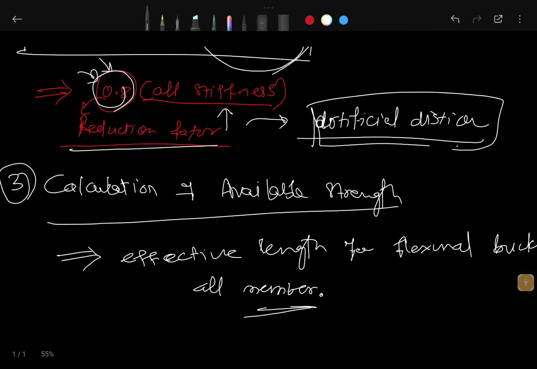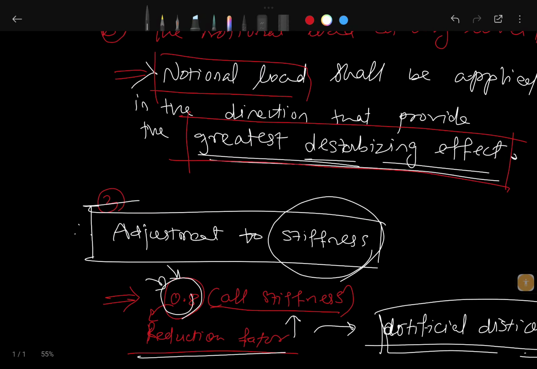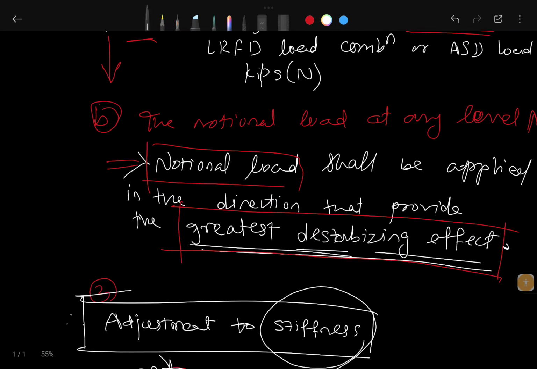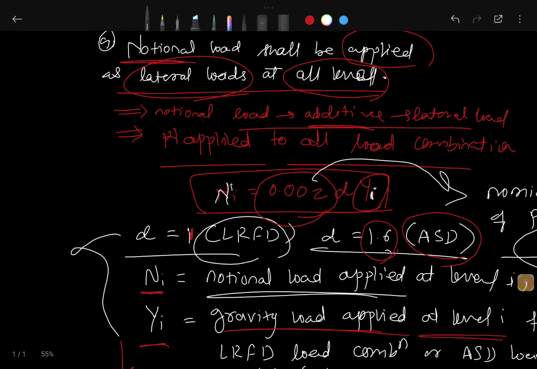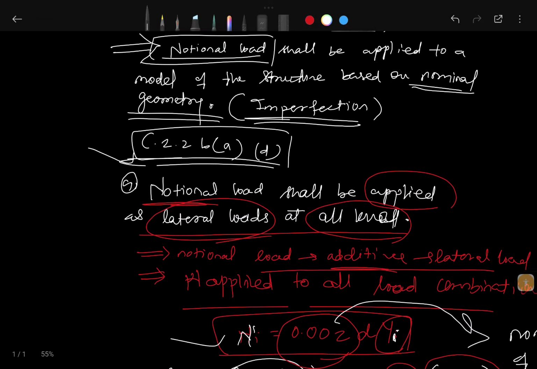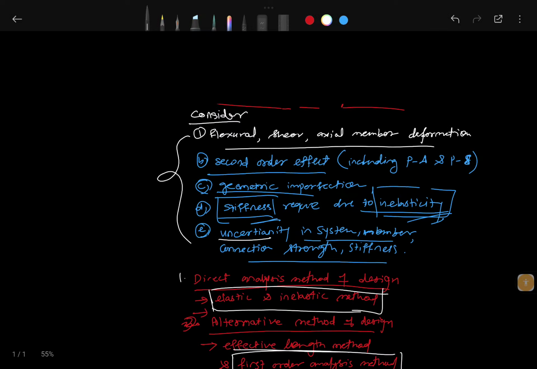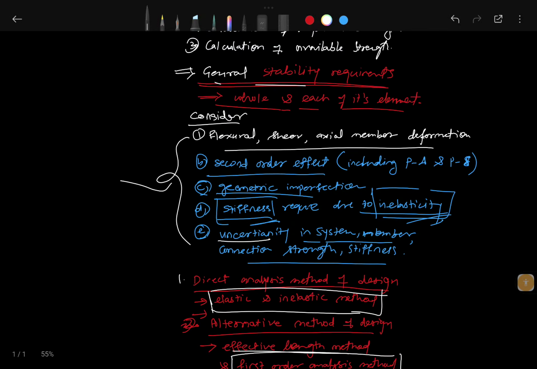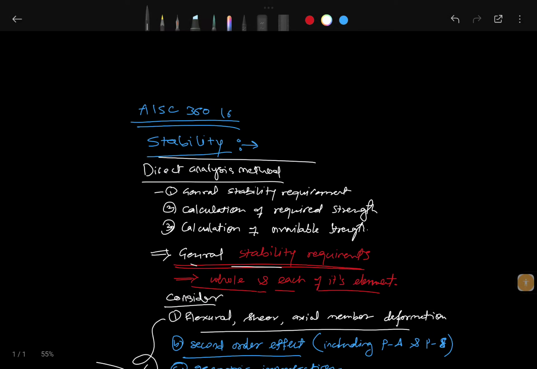So these points we have cleared in this video, what we consider and what we cover in this lecture. These are all important points if we design any type of steel structure. This is first order, second order, geometric stiffness, imperfections, direct analysis method. This is all important for stability purposes.